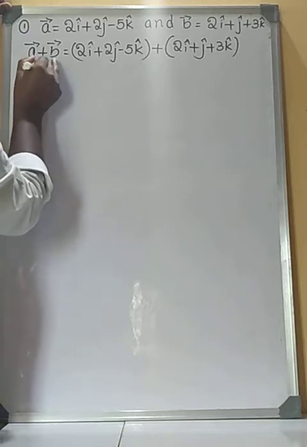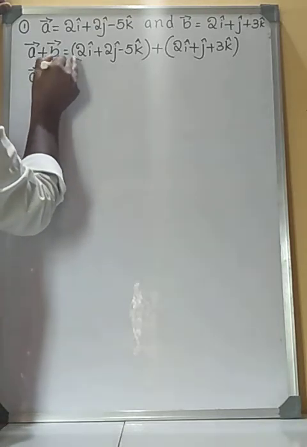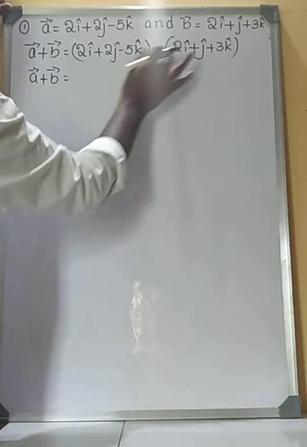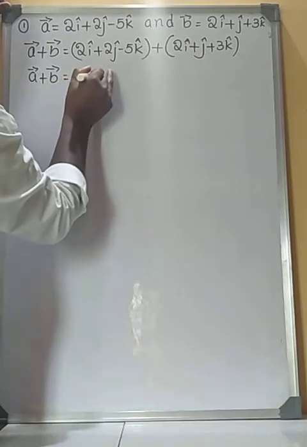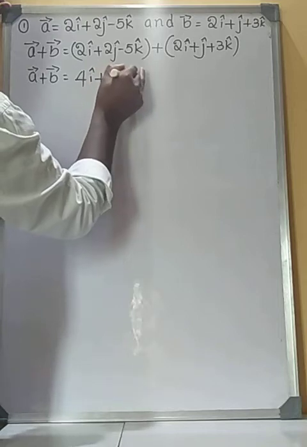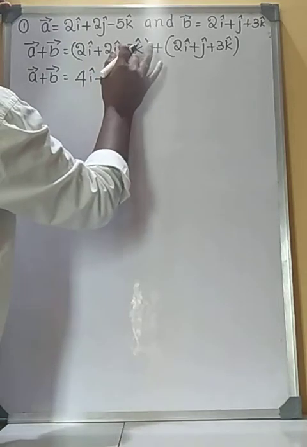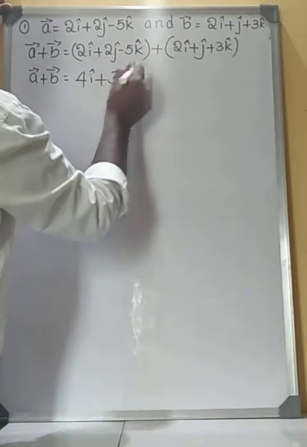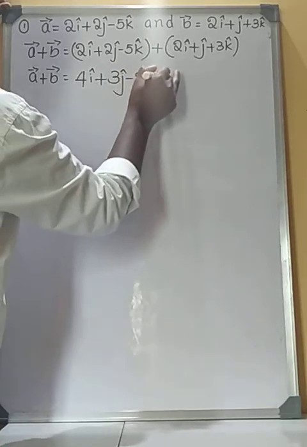Therefore, 2i plus 2i is 4i, 2j plus 1j is 3j, minus 5k plus 3k is minus 2k.